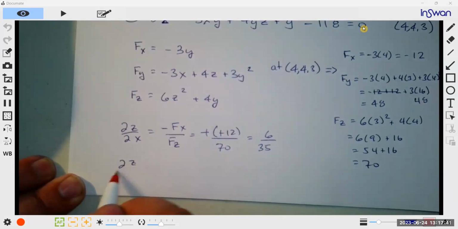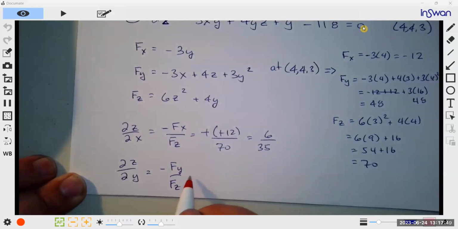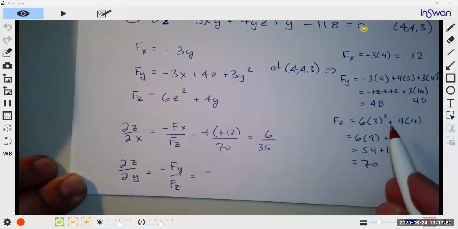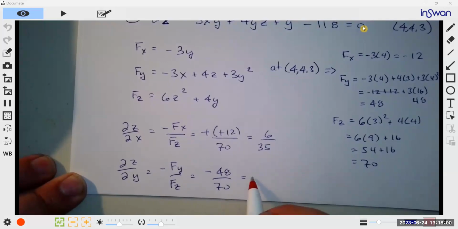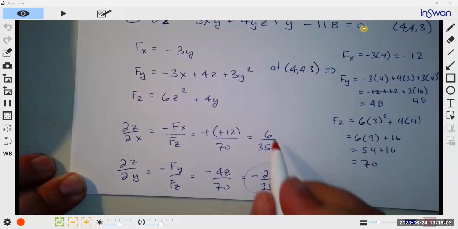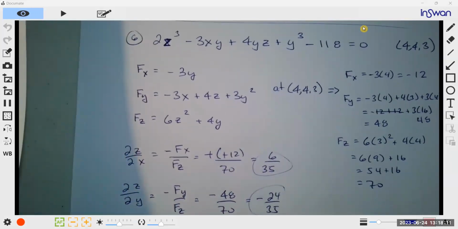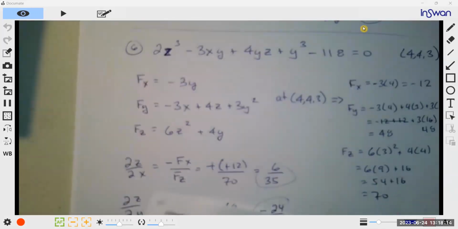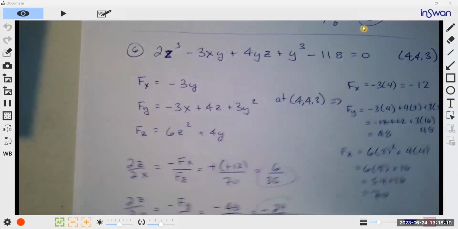And then partial of z with respect to y is negative F_y over F_z. F_y was 48, so it's negative 48 over 70. They both have a 2, so it's negative 24 over 35. So those are the answers: 6 over 35 and negative 24 over 35.